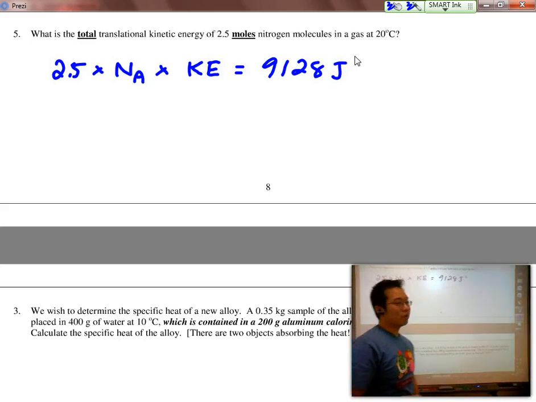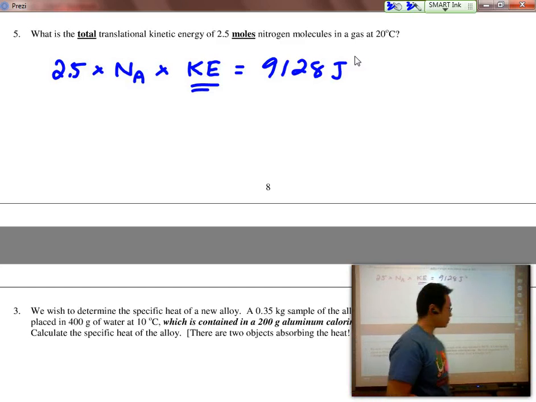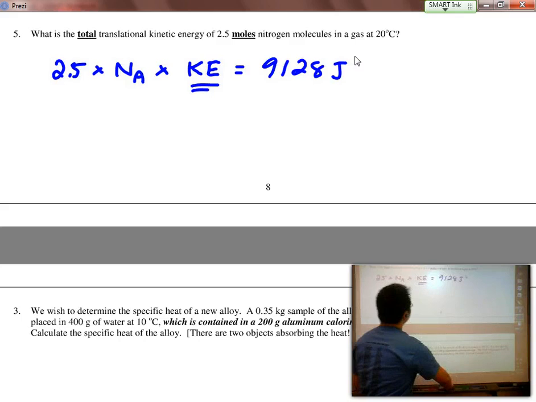Okay, so hopefully you understand this kinetic energy is always the kinetic energy of a single gas molecule.